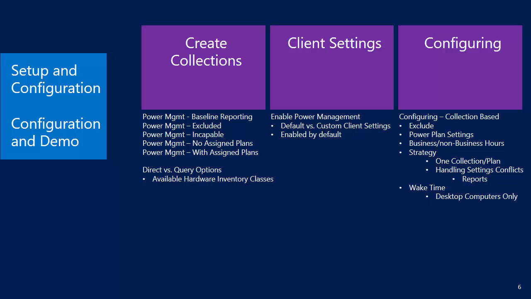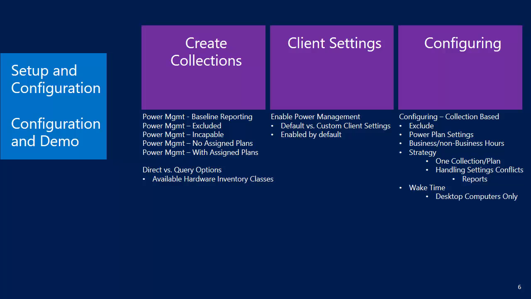Right. There's the client settings, and in the client settings, you need to enable power management. Now, enabling power management in client settings does not turn on power management, meaning it makes it possible for you to configure power settings, power policy. Without it, nothing you would do would actually become effective, right? Once you configure power settings.